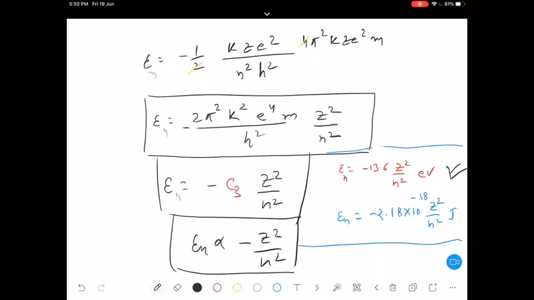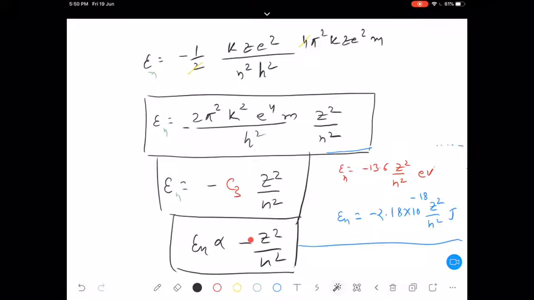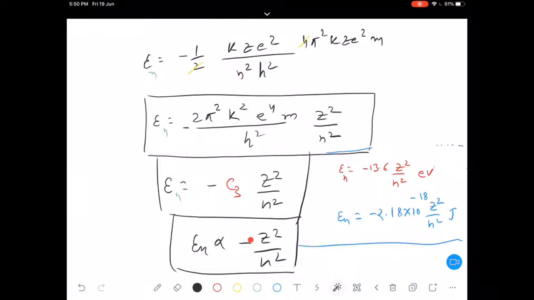As the value of n increases, 1 by n square decreases, but there is this negative sign. So as n increases, the overall value will also increase. Is that correct or not?